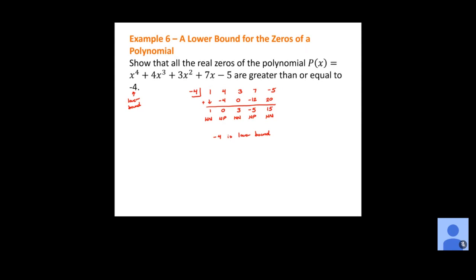Okay. Again, meaning that all of our zeros this time have to be greater than -4. Any questions on that one now?